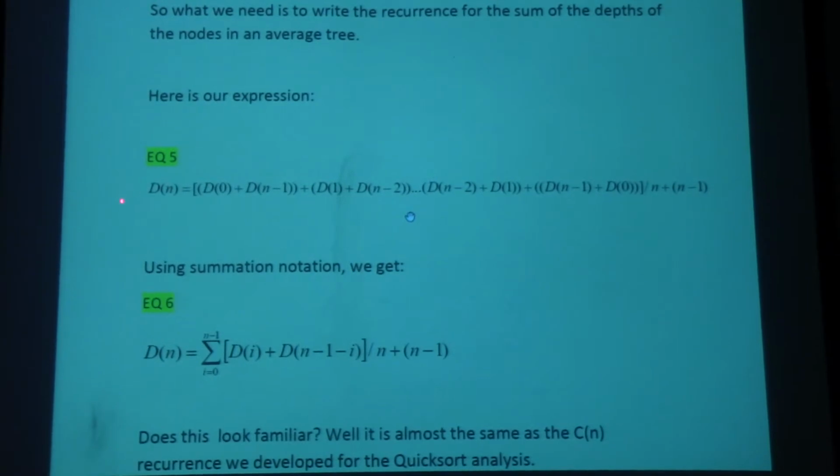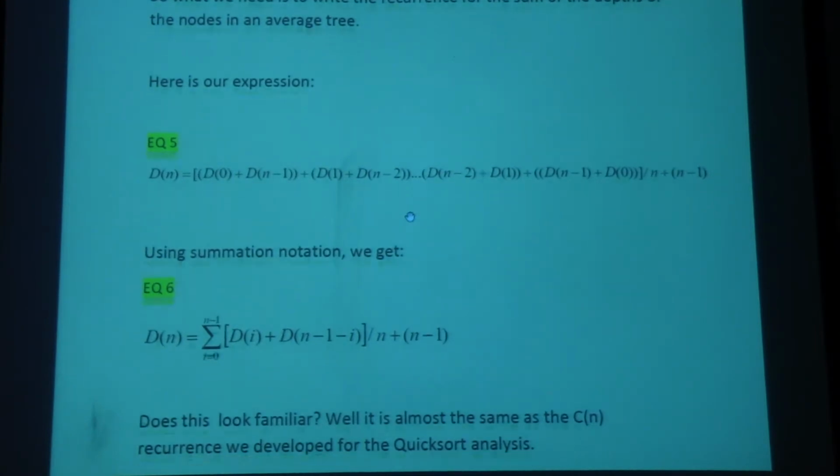The depth of n nodes is going to be equal to, now what we're going to say, it's equally likely that we might have 0 on the left subtree, n minus 1 on the right, 1 and n minus 2, etc. And then we'll divide it by all the n different ways that those left and right subtrees can be split. And so we're going to have the depth of n equal to that plus n minus 1.